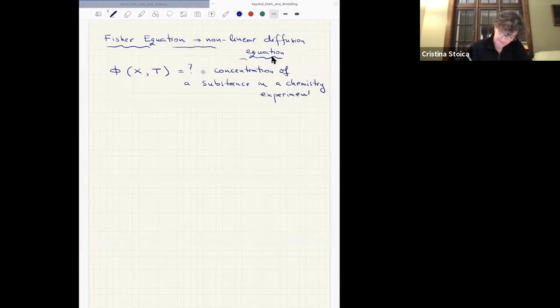Okay, so I'm just taking the equation, and this phi is measured in units per volume, so it will be L to the minus 3, by the way, as units. But what's the equation? It is diffusion, so it's like the heat equation, it starts like that. It has a diffusion coefficient D, here is the second derivative term.